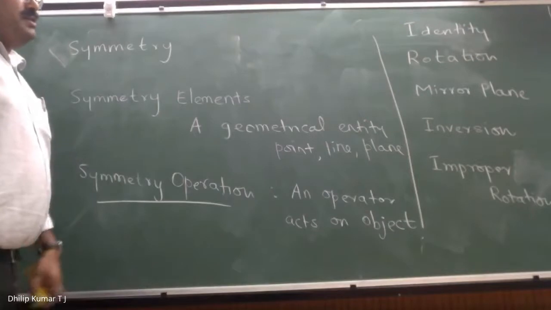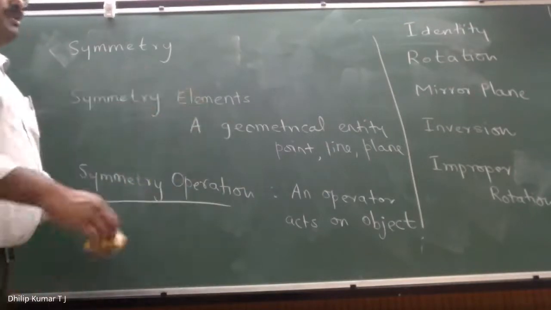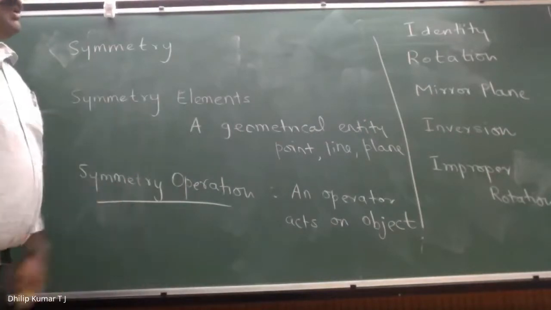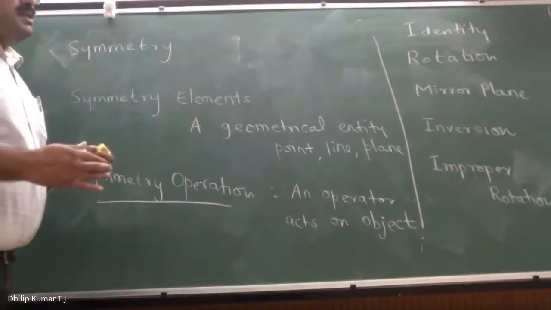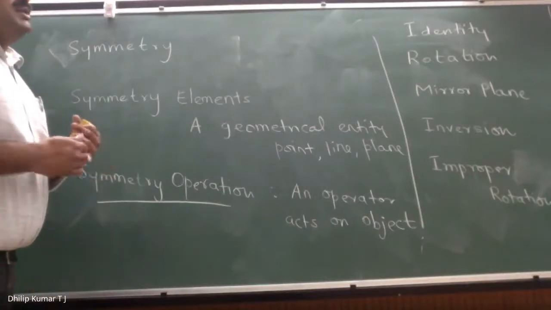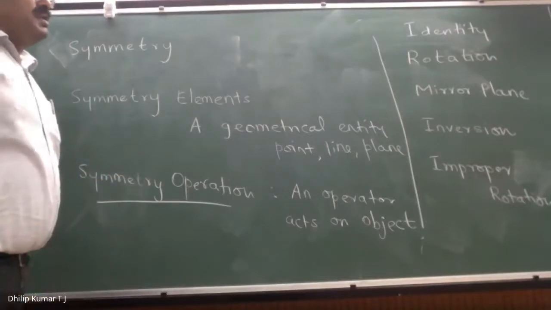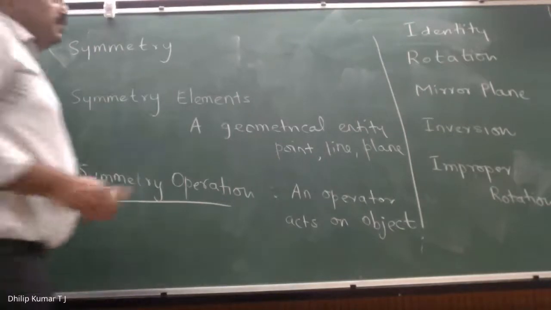Improper rotation is a combination of two operations: a rotation followed by a mirror plane. If the molecule gives back its mirror image, then it has an improper rotation operator. These are the different types, and people have given a symbol for each.